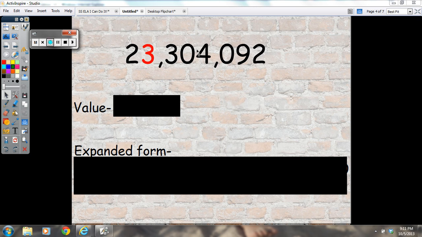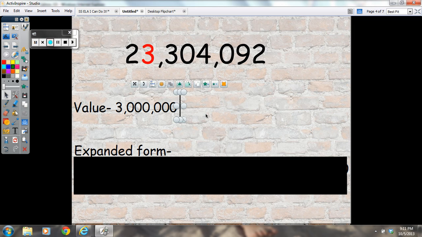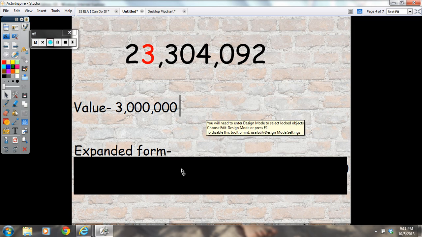So this is the ones, the tens, and the hundreds, thousands. And we start here, we notice that this is the 1, and it's the millions period, so it's the 1 millions place. And I notice that there's a 3 in that place, therefore that would be our value of 3 million. That's what you should have had written down.